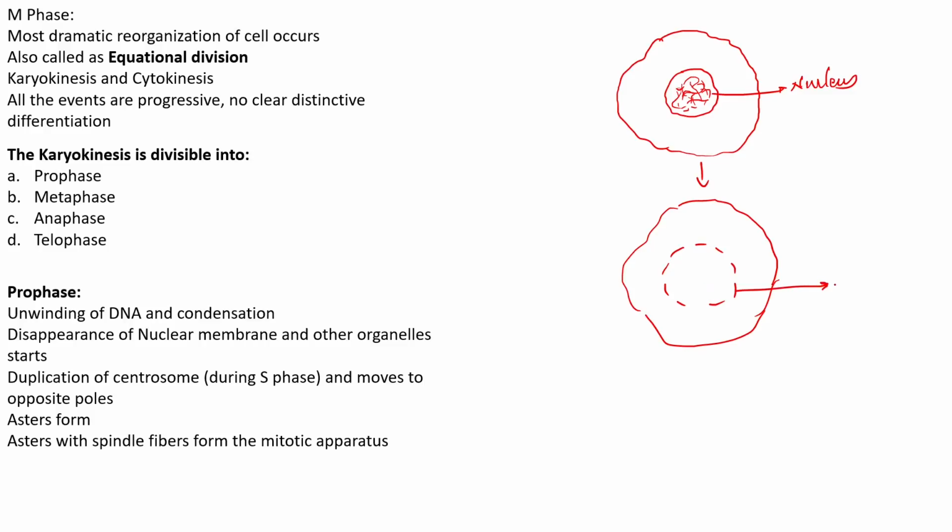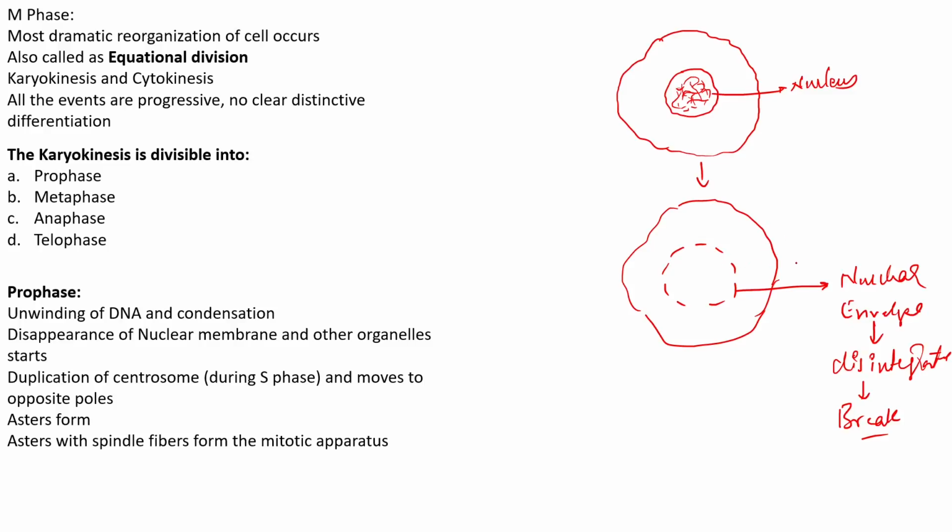This is the nuclear envelope, and it starts to disintegrate, or in other terms, starts to break. So we can say that the nuclear envelope starts to disappear or break.